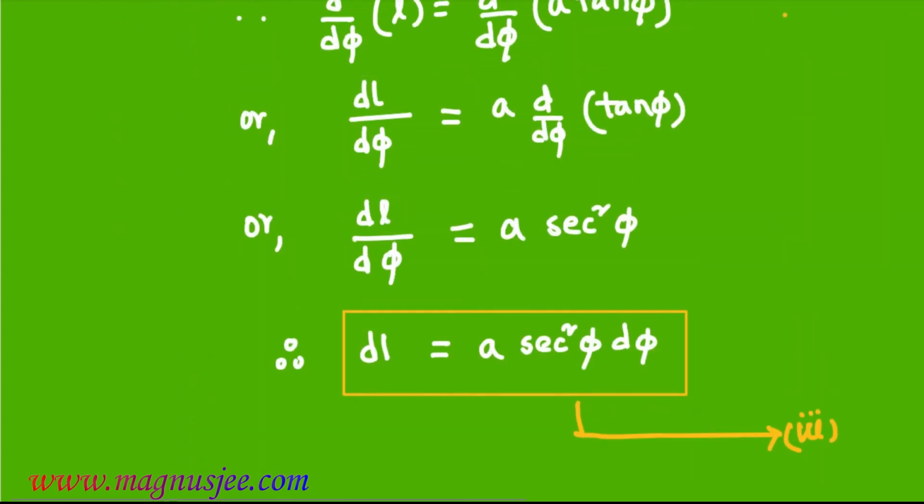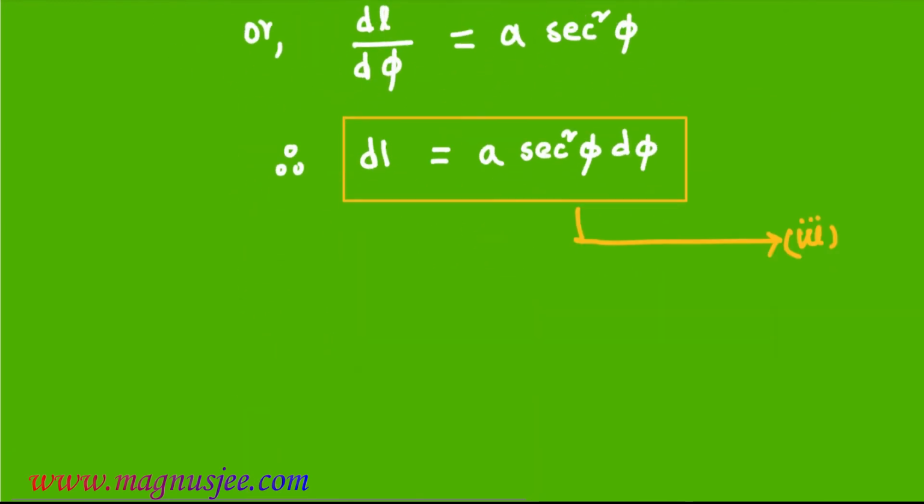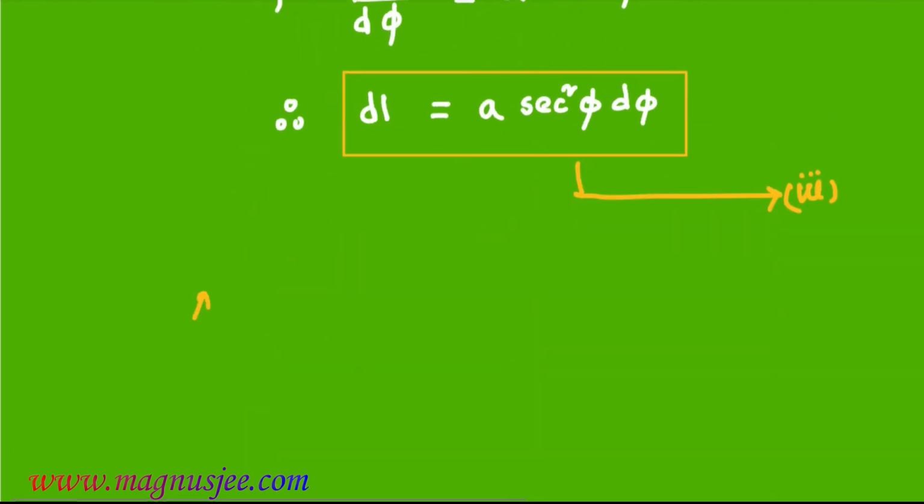Then we have to express r in terms of A. Again, cos φ from the same triangle, cos φ equal base by hypotenuse.